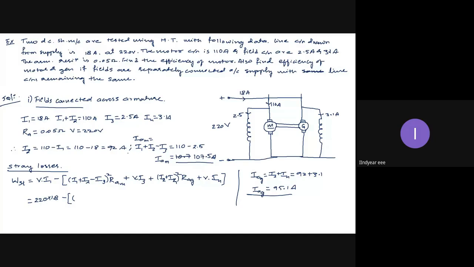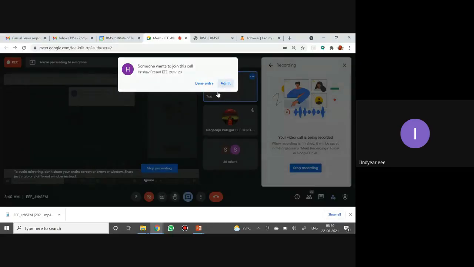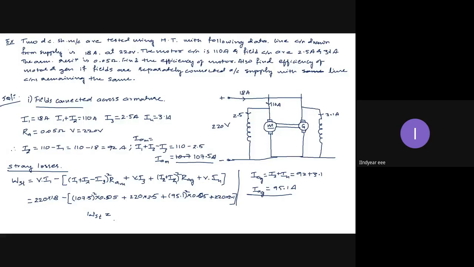Okay. So this will be 107.5 square into 0.05 plus V into I3, 220 into 2.5, plus 95.1 square into 0.05 plus 220 into 3.1. So WST is equal to 1697.987 watts.